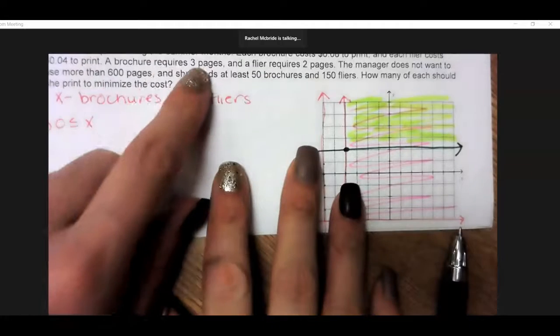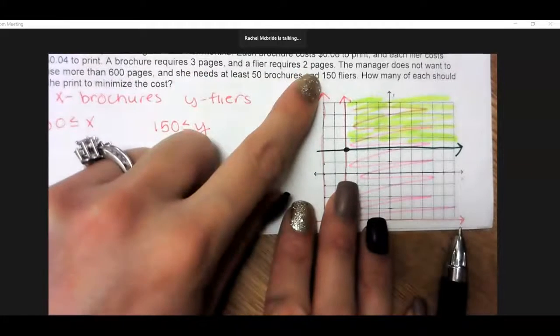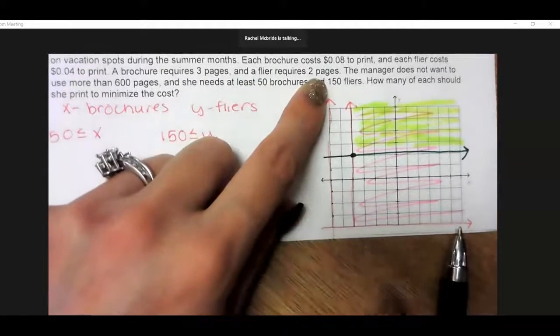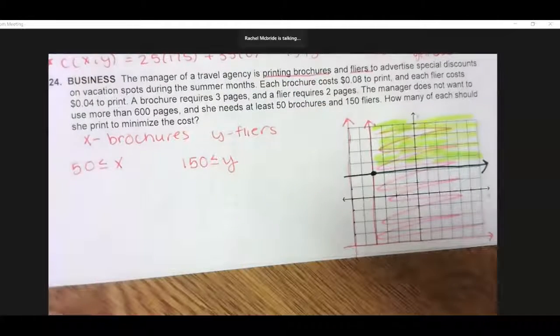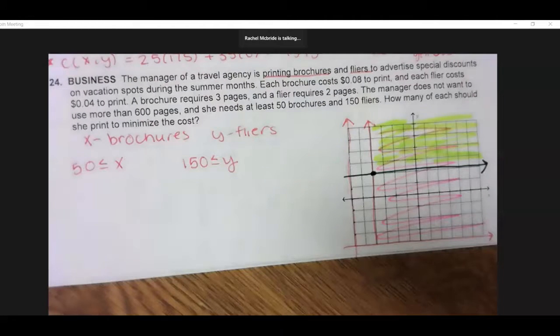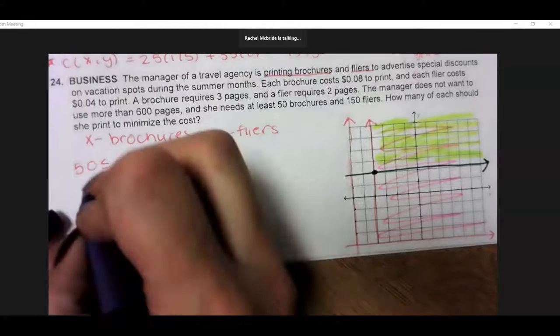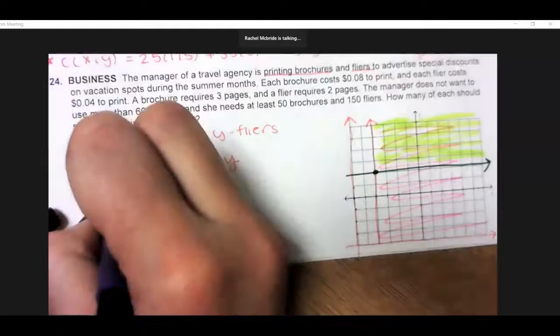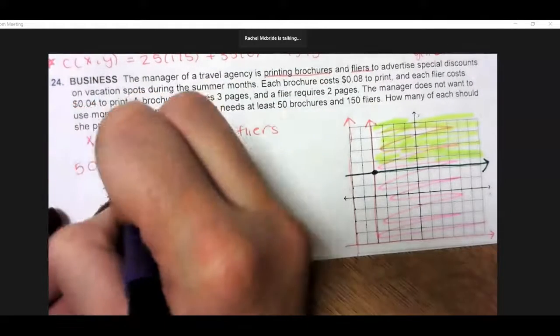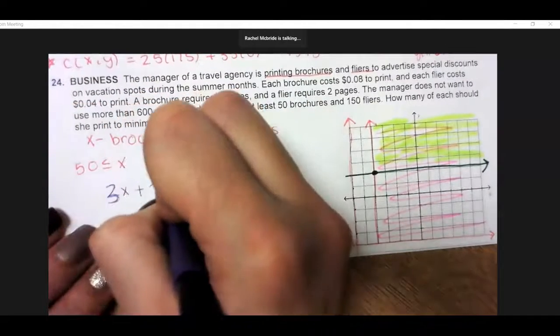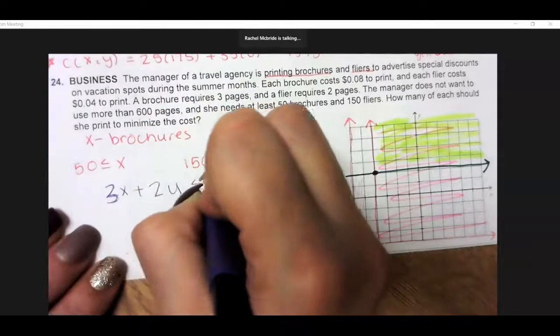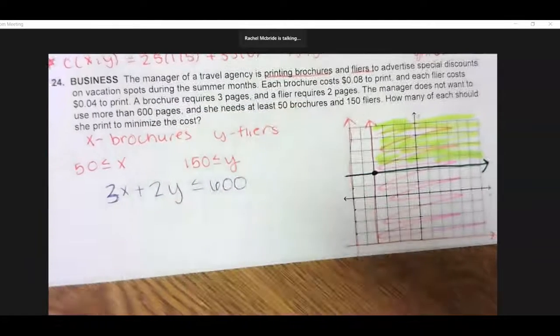And then it says a brochure requires 3 pages and a flyer requires 2 pages. So we're going to put those constraints into math. We have 3x plus 2y has to be less than or equal to 600.